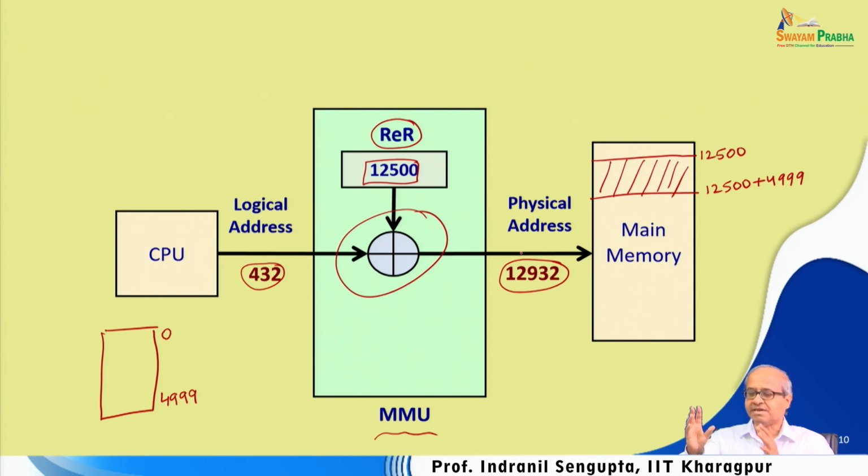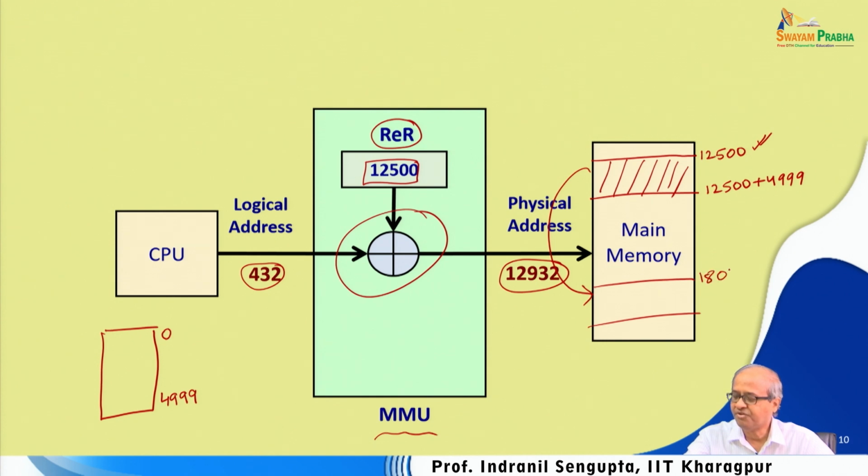Relocation means the advantage you gain is this: the program is shown loaded from 12,500, but suppose later, for some reason, you want to shift this program to some other place, let us say from address 18,000. The only change you have to make is to replace the content of the relocation register with 18,000.